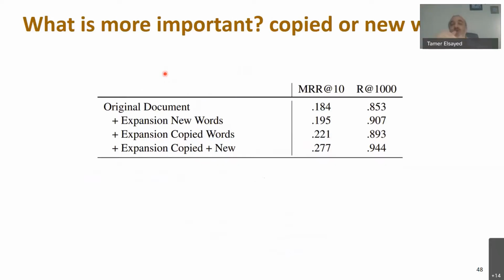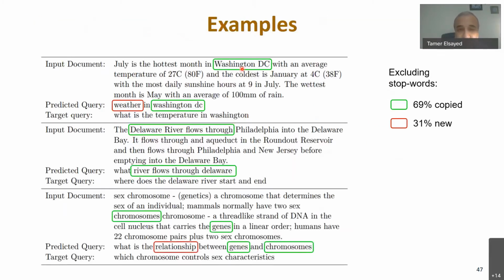Here, we want to know which is more important: to get terms that already appear in the document or new terms. First, let me talk about this copied thing. If I just got terms that appear in the document, would that be any useful when we add them again to the document? The words Washington DC appeared in the query.